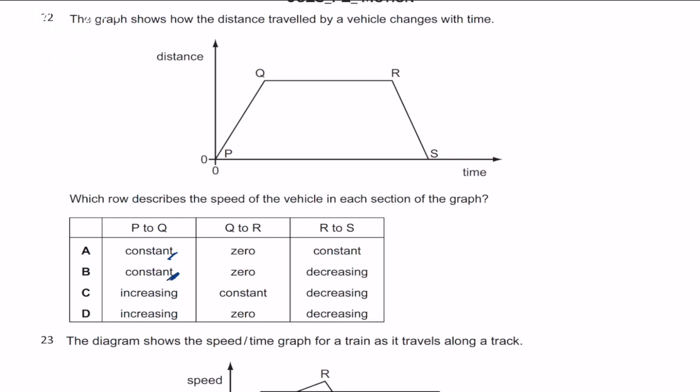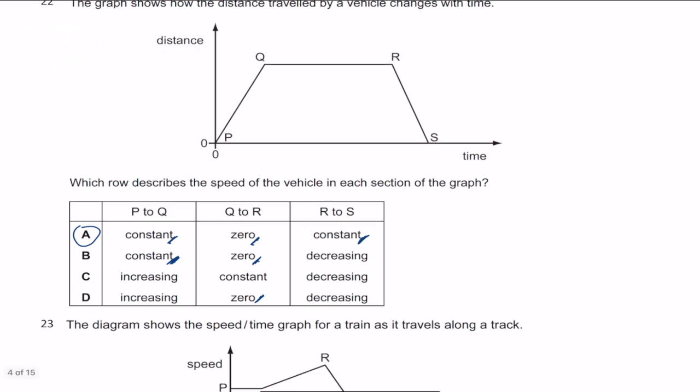From Q to R, the car is at rest, so I'm gonna choose the speed is 0. 3 options we have. Then from R to S, the speed again is constant, but the car is moving in an opposite direction. So I'm gonna choose constant here. So the only option which is correct in the 3 choices is A, so I'm gonna choose A.